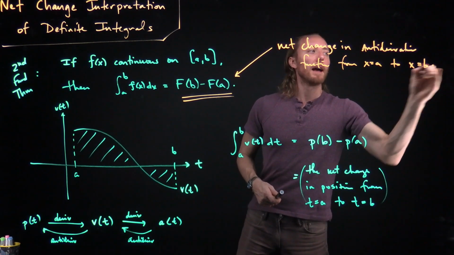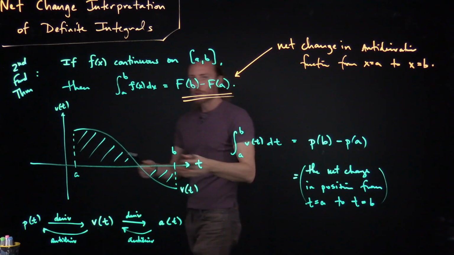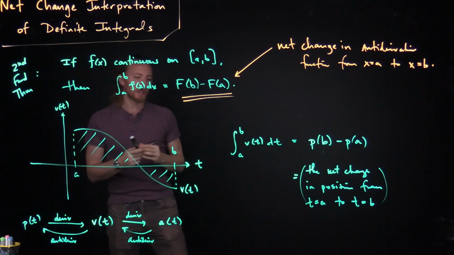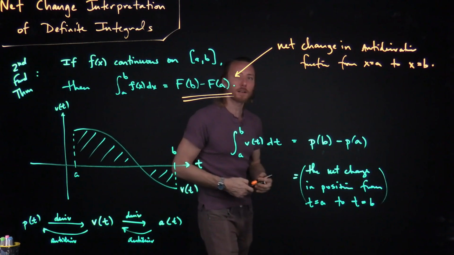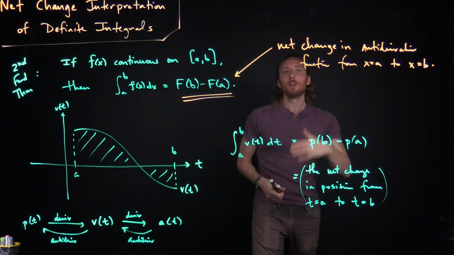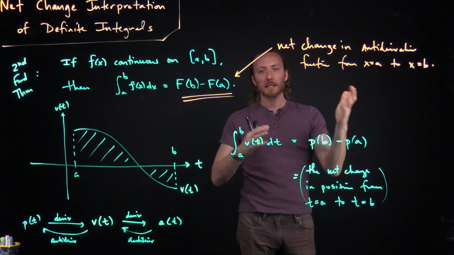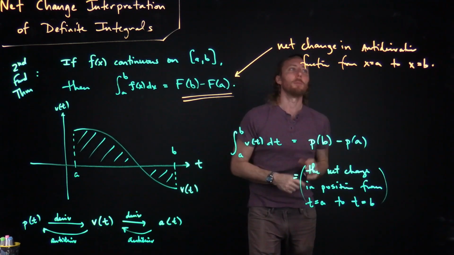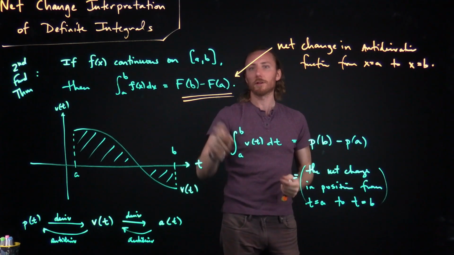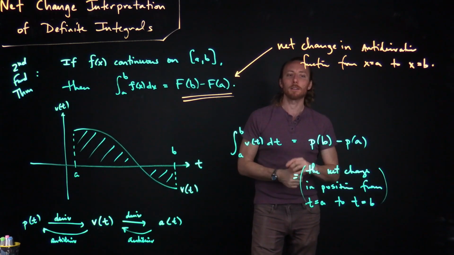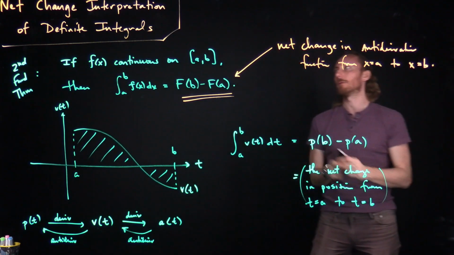And if you think about x, the horizontal axis, as being a time variable, which is often what is the case in a practical real world situation, then you're thinking of this net change as being the net change from A to B, which is essentially just the difference between the last value and the first value, which is, well, exactly what we've got here.